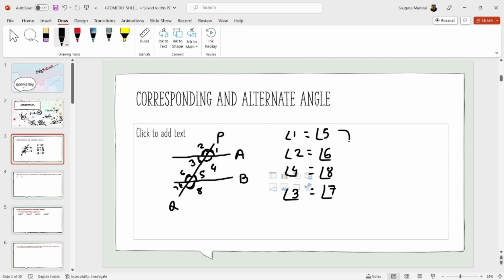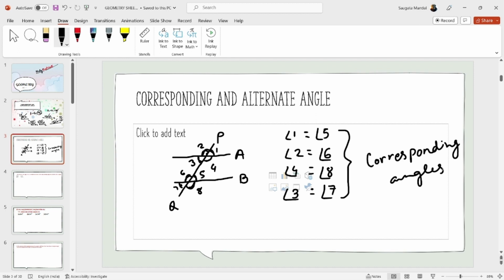These four pairs are corresponding angles of each other. That means they are equal to each other. They are corresponding angles. Is it clear to all?